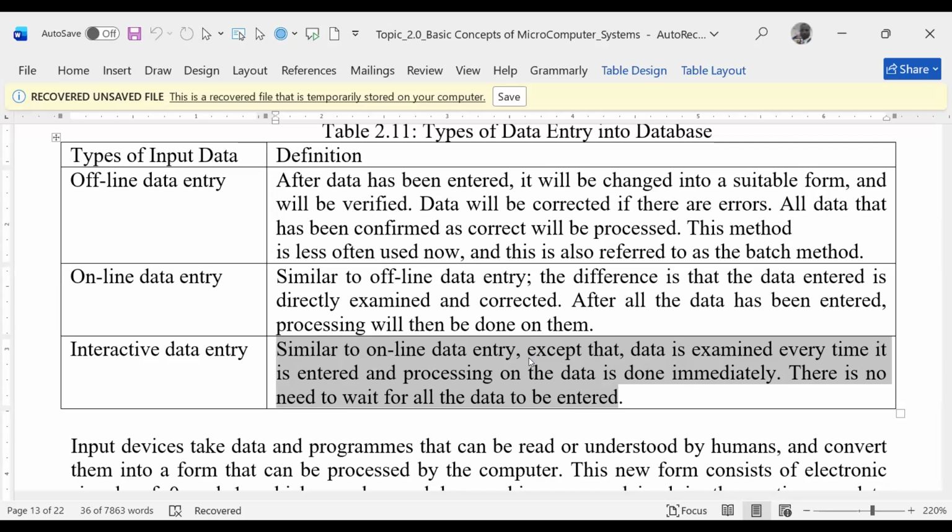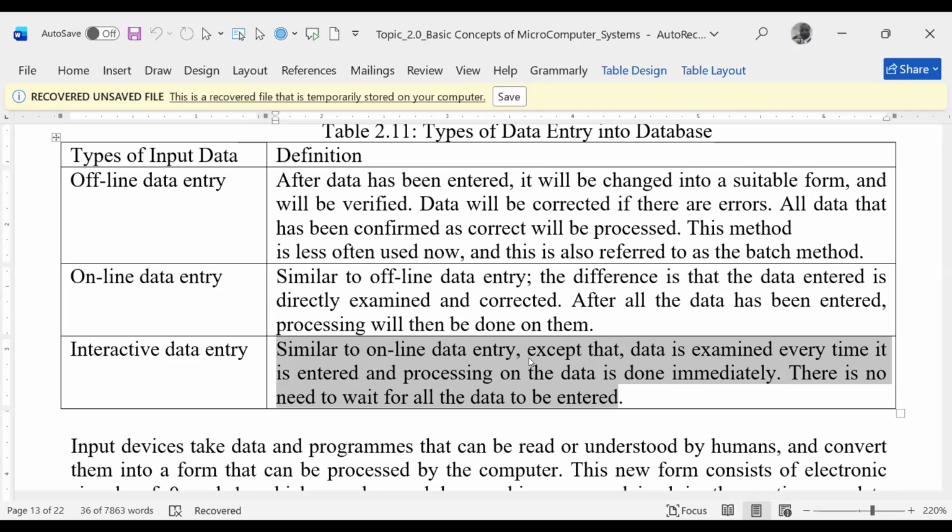The moment your ID is typed, it verifies and checks whether it is genuine before you can move to the next stage. For example, when you are entering a password into a system, it's also part of data entry. You enter the password, it checks whether your username is correct and your password is correct, and that is part of interactive. Each entry is verified from the database before you can move to the next stage.